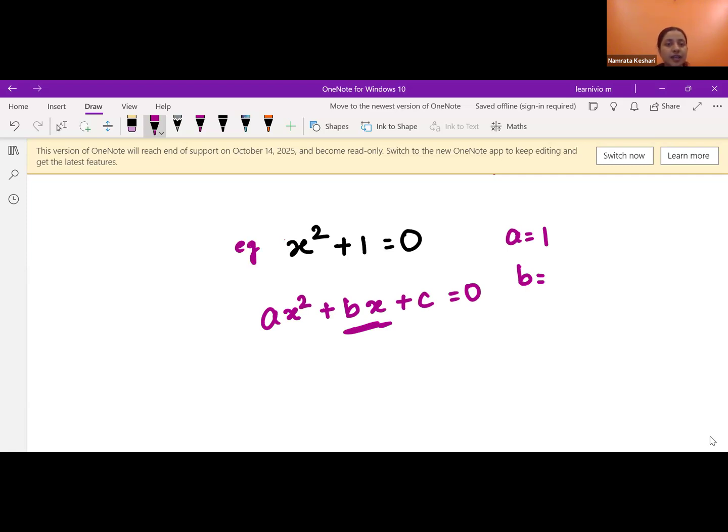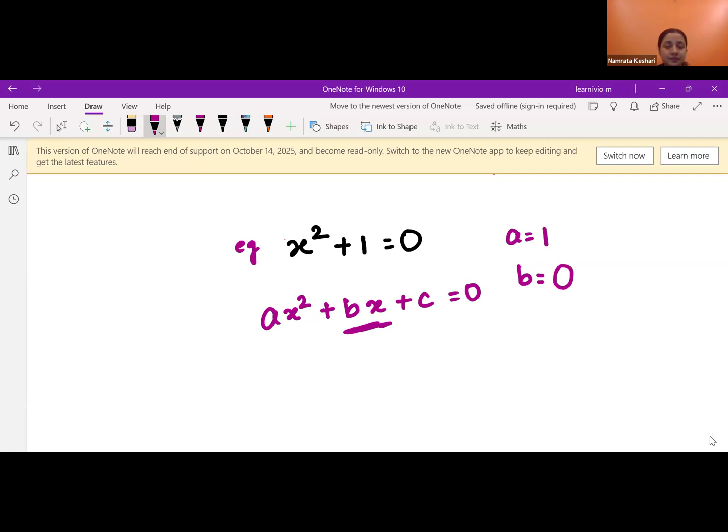Can we see x in our example, x square plus 1 is equal to 0? Can you see x over here? Yes, x square, not just x. No. Okay, so we will say b is 0, making sense?